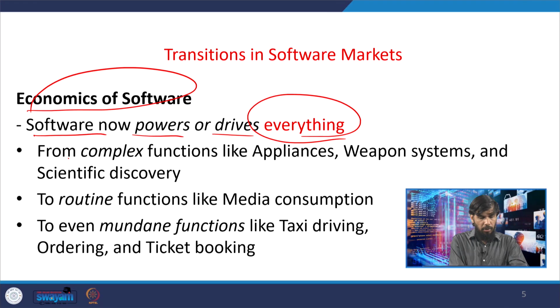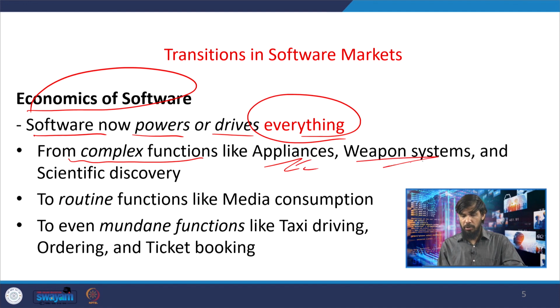For example, we can look at complex functions like appliances, ACs, refrigerators, smart thermostats, many other things, weapon systems, right. Scientific discovery, there are so many software needed to analyze the data or do the design work or any other art work, the computational work or the analysis work, right. All that is supported by software, right.